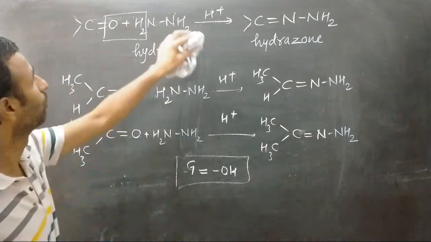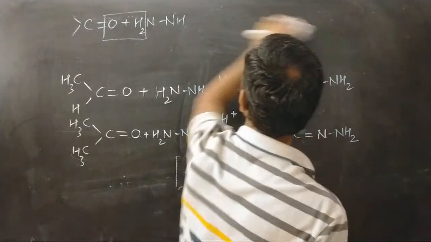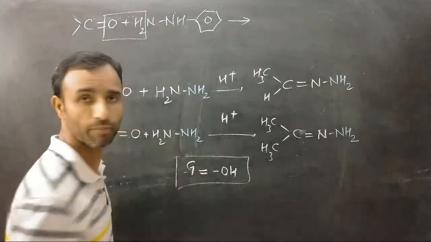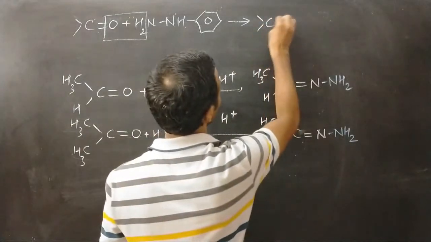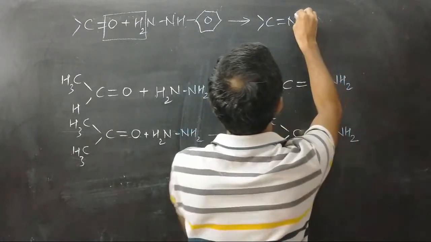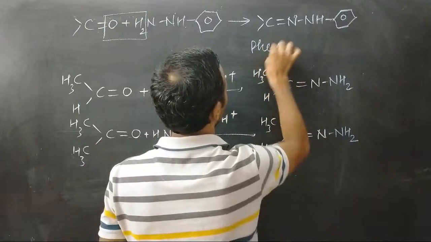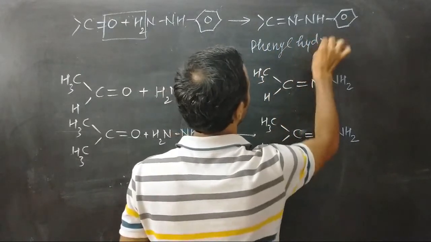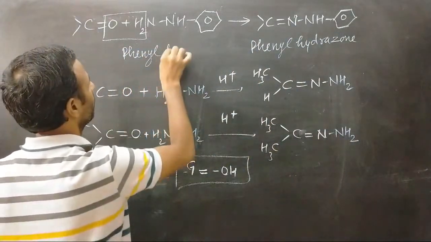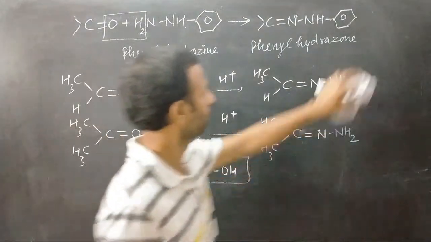Done. Now, if we have phenylhydrazine, then the reaction with phenylhydrazine gives the product phenylhydrazone.